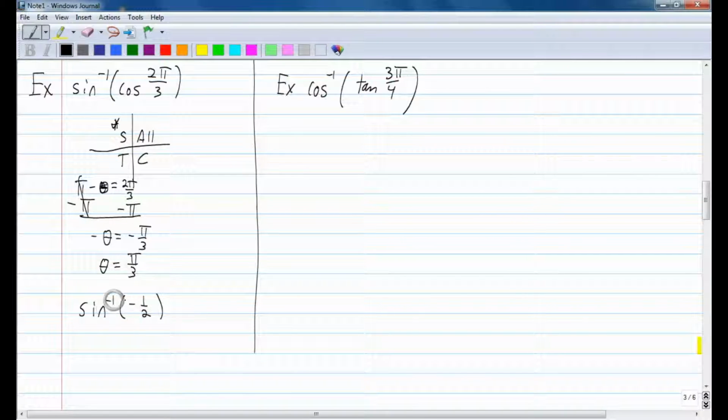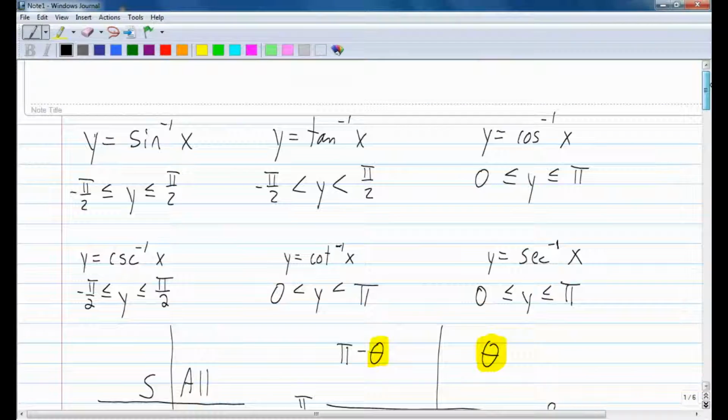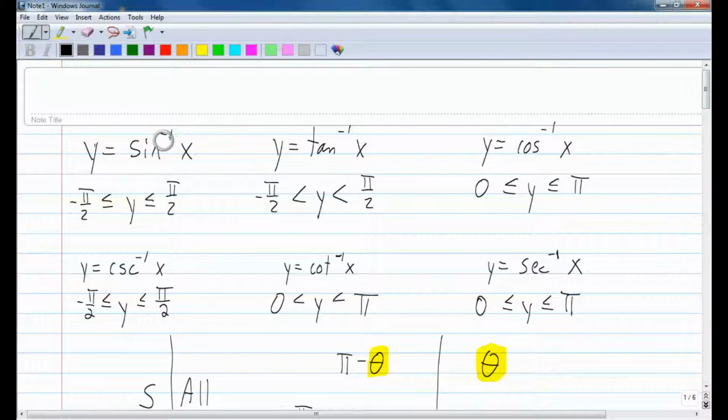Now we need to follow our rules for working this out like we did in the previous problems. We're taking the inverse sine of a negative. So what does that mean? That means that if we're taking the inverse sine of a negative, I want my answer to be between negative pi over 2 and 0. That's in the fourth quadrant.